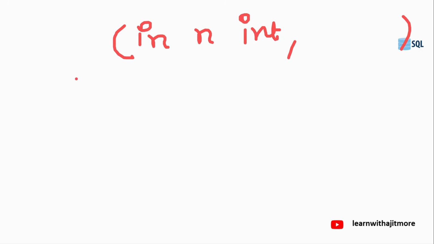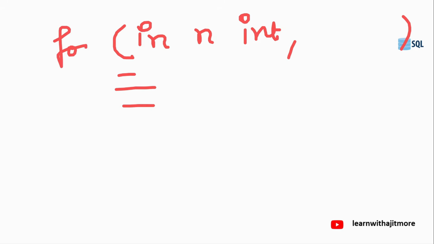You use this parameter inside the logic, inside the body, but you're not supposed to modify it. You cannot change it; you can just use that value inside the body. This parameter receives a value at the time of call.